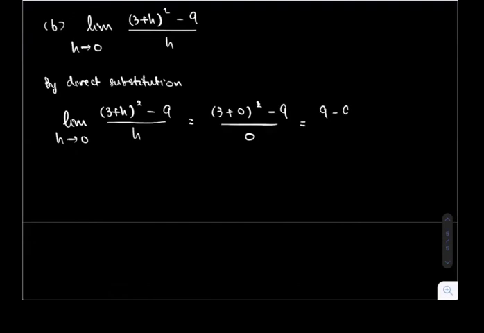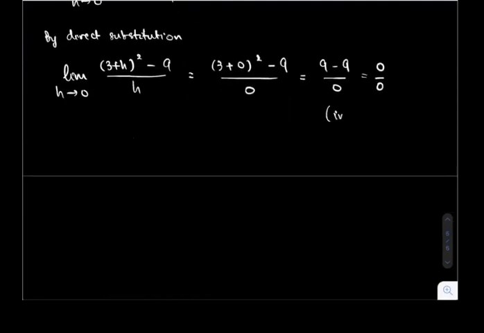You have 9 minus 9 over 0, or 0 over 0. So one more time, you get something called the indeterminate form. So you don't want that, right? So you have to somehow simplify the function so that you can avoid this indeterminate form.